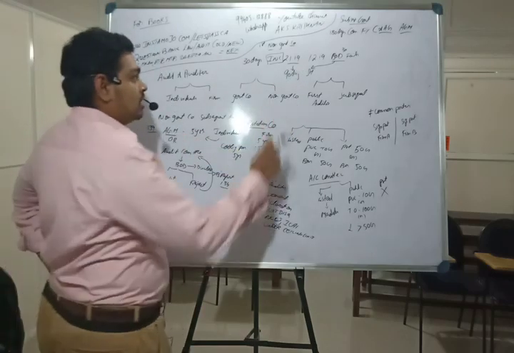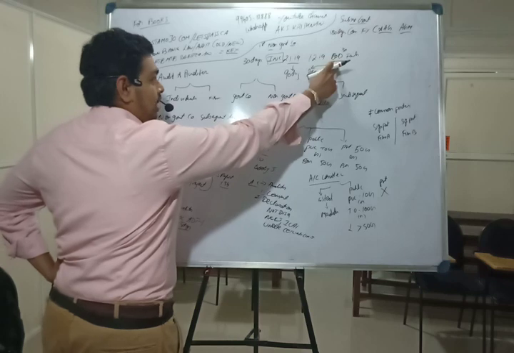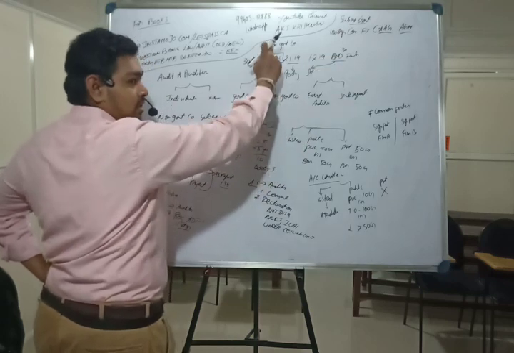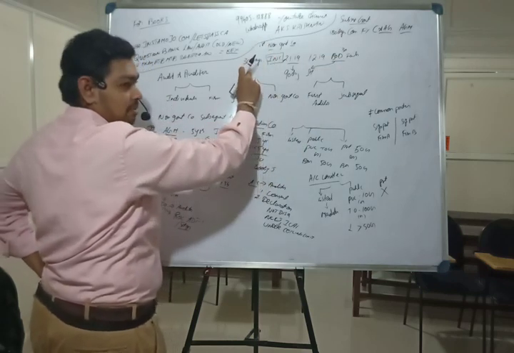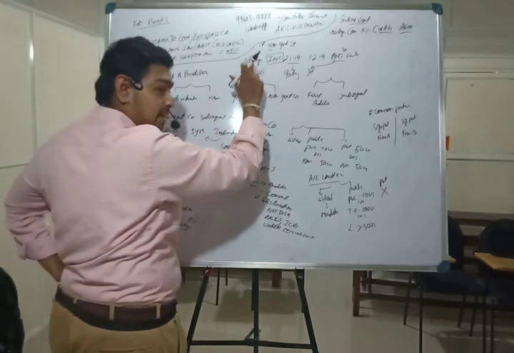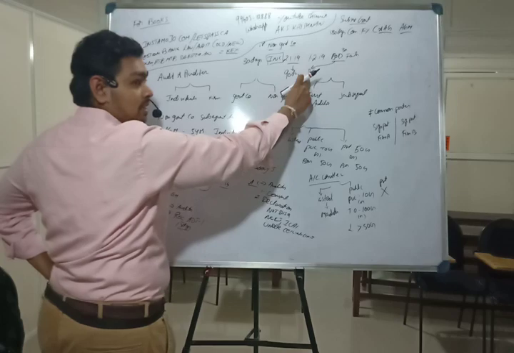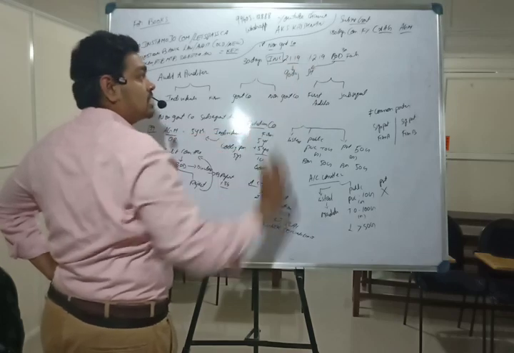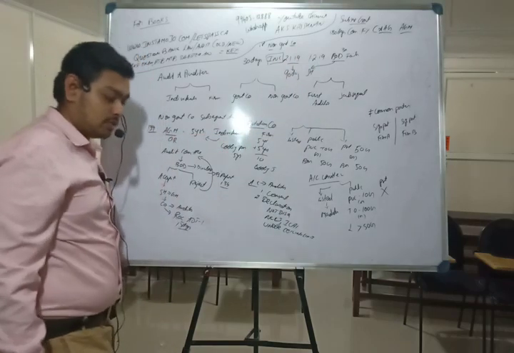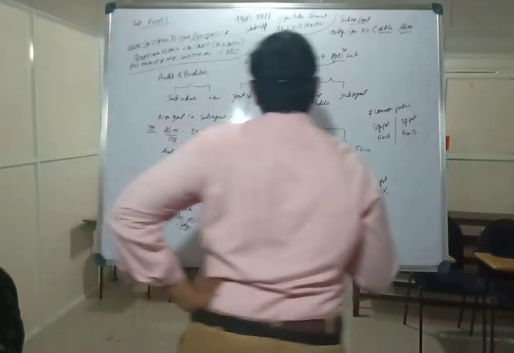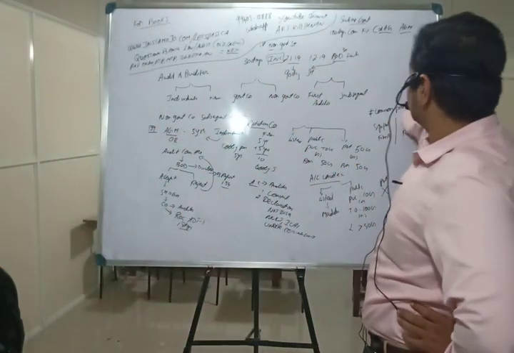Come on, tell me. The board of directors has to appoint the first auditor of a non-government company within 30 days of incorporation. If the board fails, then they have to intimate the shareholders, and the shareholders should appoint the auditors within 90 days. Understood?